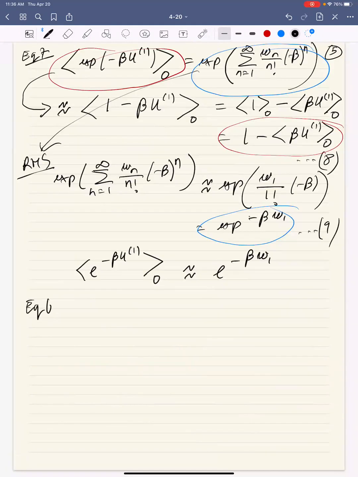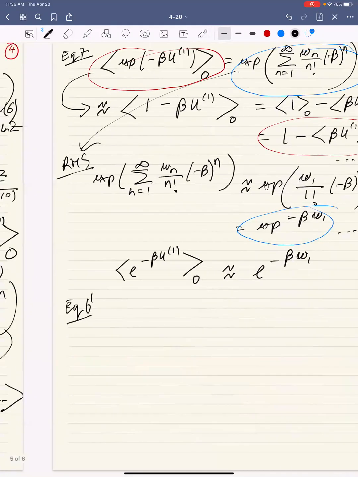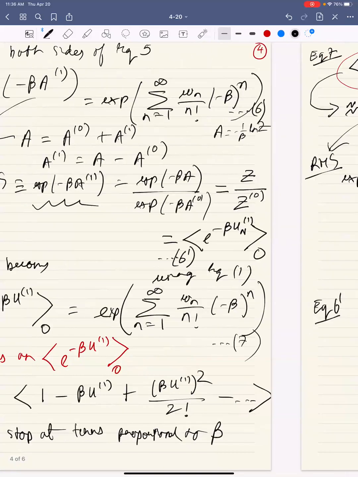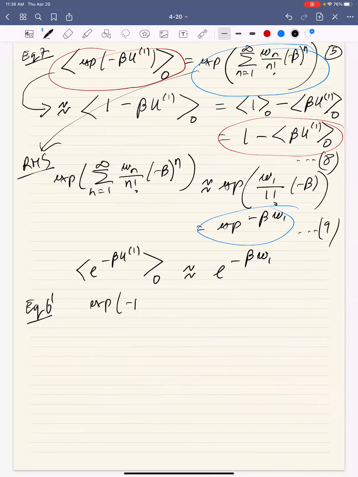Equation 6 prime says that exp of minus beta A1, the perturbation in the Helmholtz free energy that we were trying to calculate, is equal to exp of minus beta U1 in the reference ensemble. This equation was exact. And now we introduced an approximation that in the high temperature limit, this is e to the power minus beta W1.